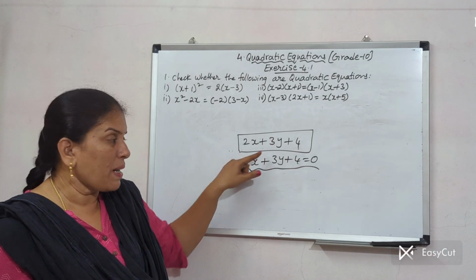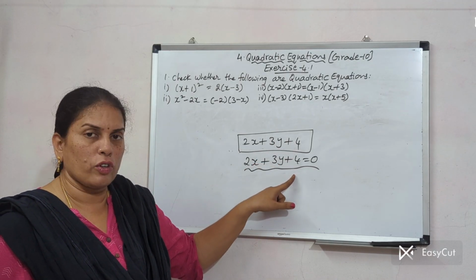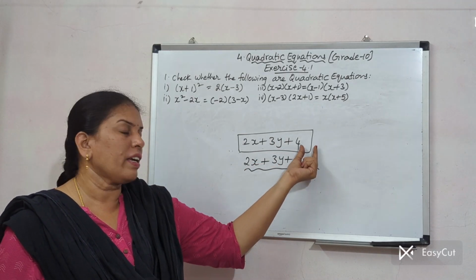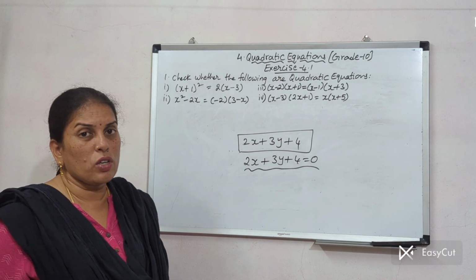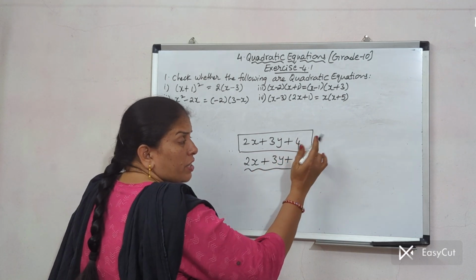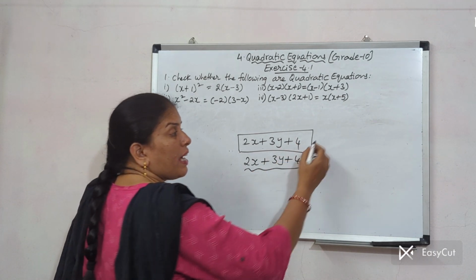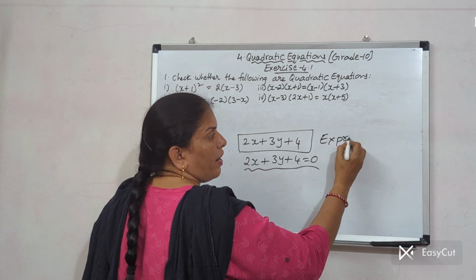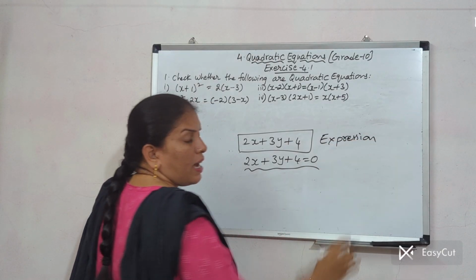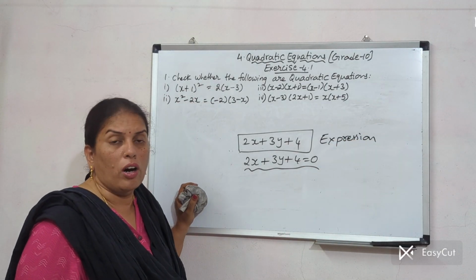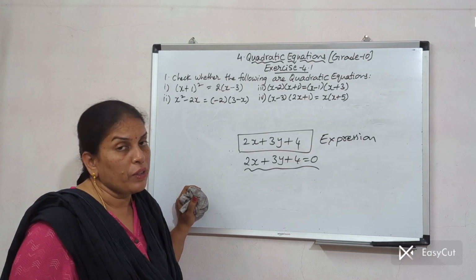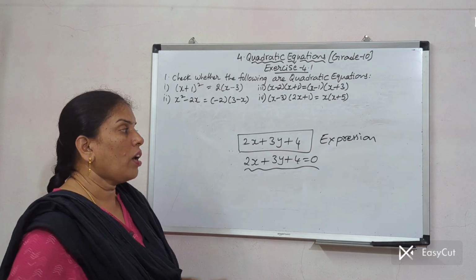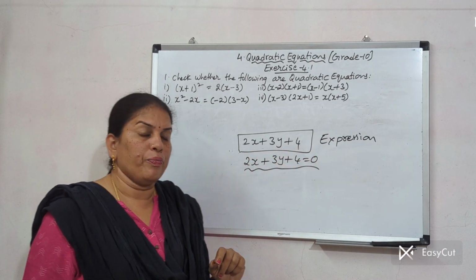Here equal to 0 is there, here equal to 0 is not there. So, if equal to 0 is not there, we will call it an expression or polynomial. All of you understood? We will call it a polynomial.